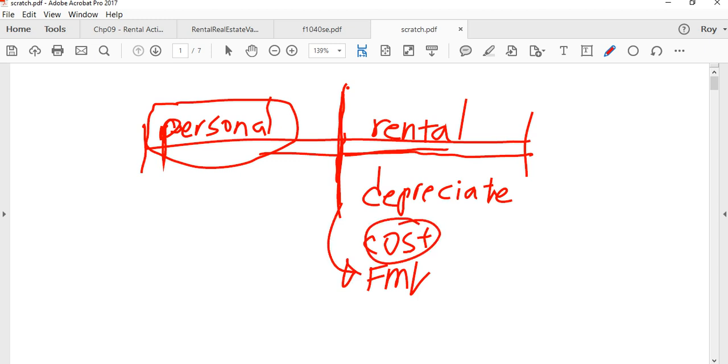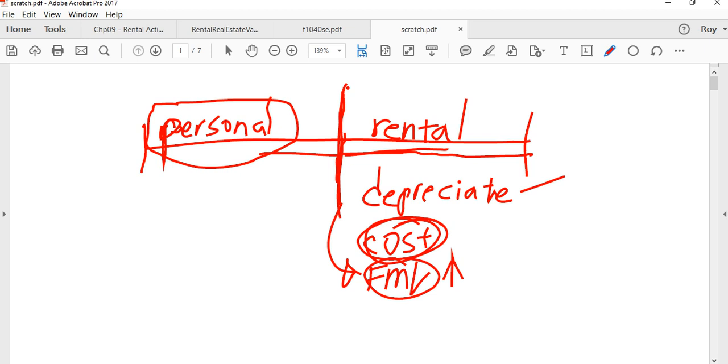And of these two amounts, you're going to use the lower of the two to calculate your depreciation. Of course, most times we hope, and especially here in Hawaii, real property increases in value. So the cost is probably the one that's going to be lower.